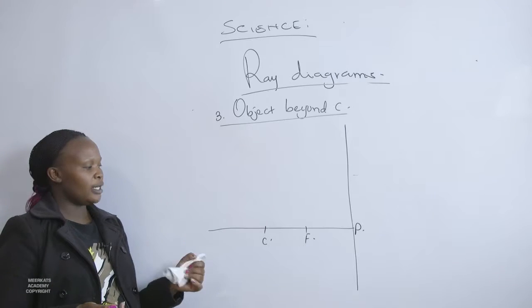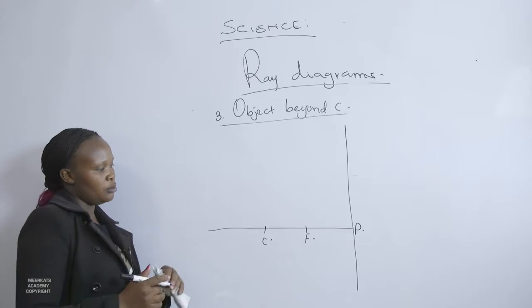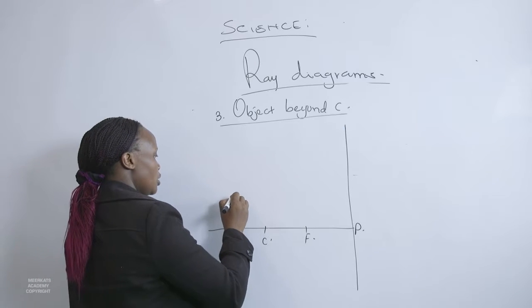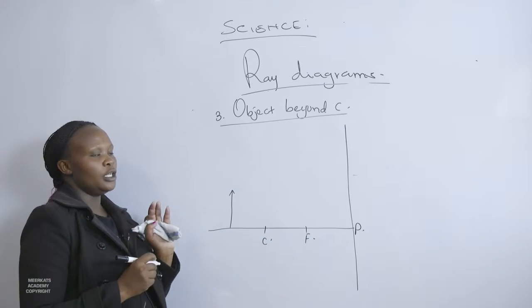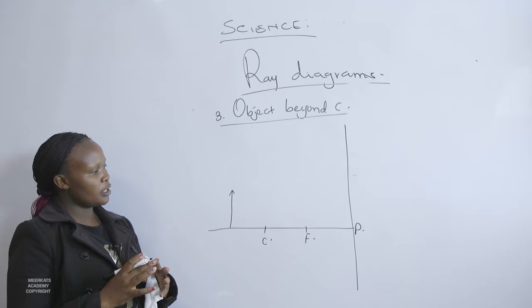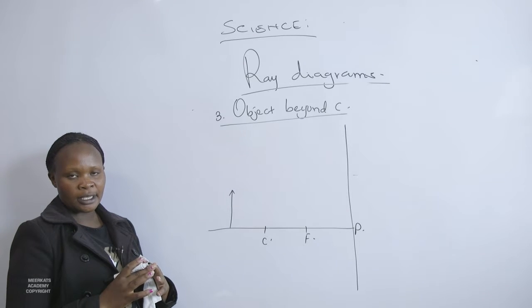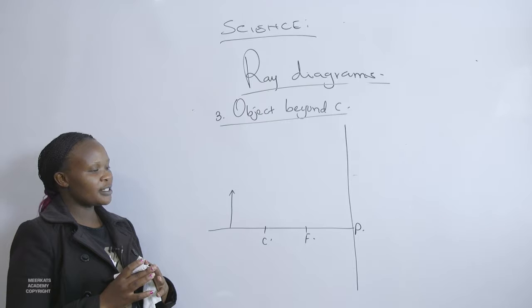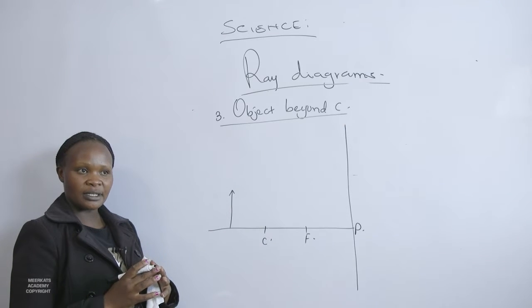Then somewhere beyond C is where we want to place our object. So we can put it here, for example. We can put our object there. And then we can try and trace the image of that object using some rays.